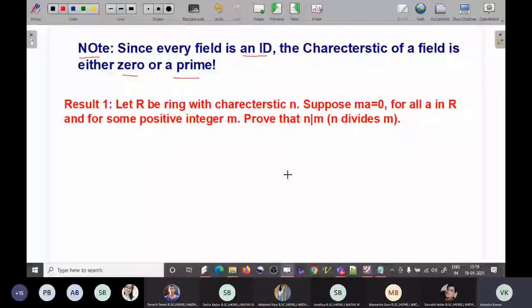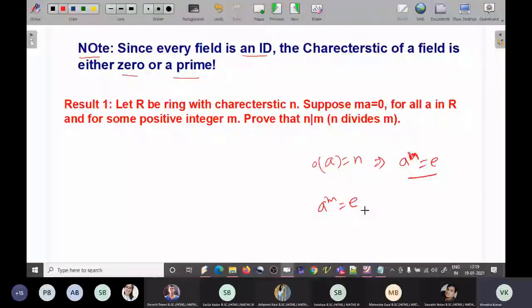And if we have a to the power m equals the identity, then this makes us say that n should divide m. Fine. Because this has to be the least number. So this m will be a multiple of n. Right? It means n should divide m.